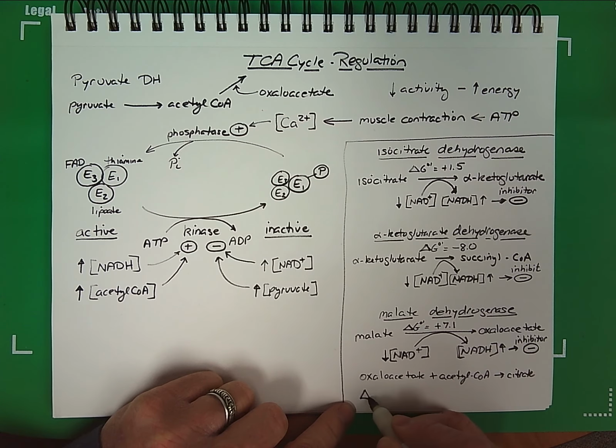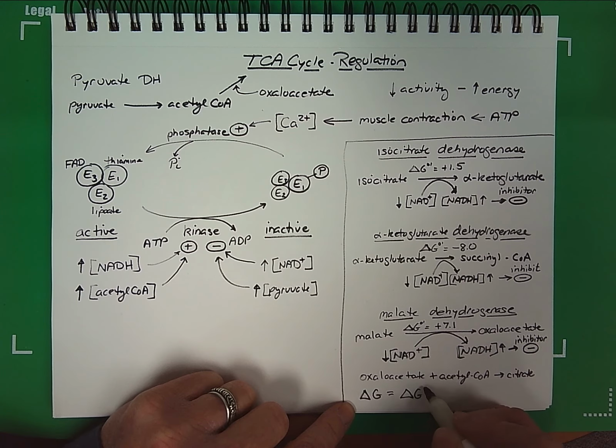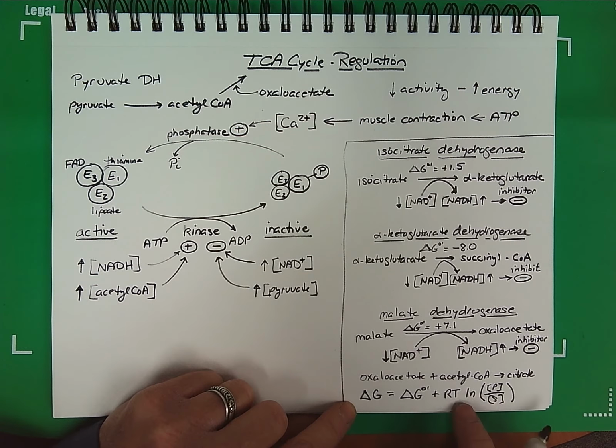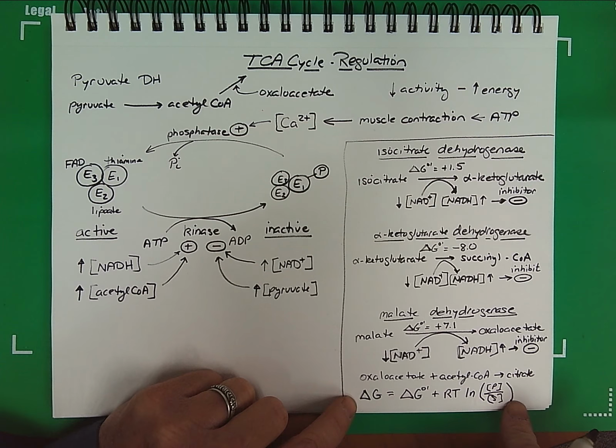And recall that our true free energy change is our standard free energy plus the gas constant times temperature times the natural log of the concentration of product over the concentration of substrate. So this is reflected in our thermodynamic calculation.